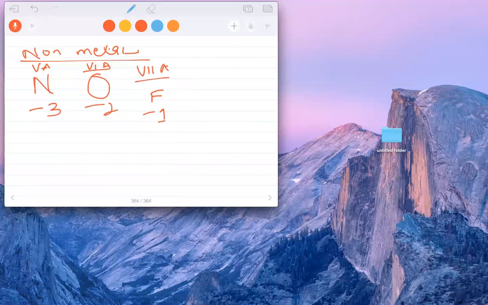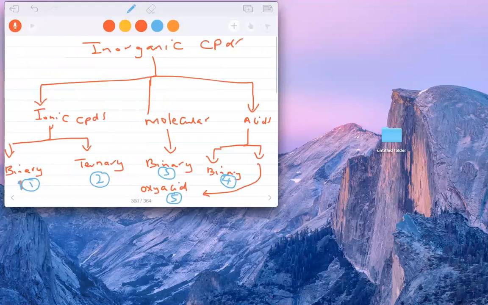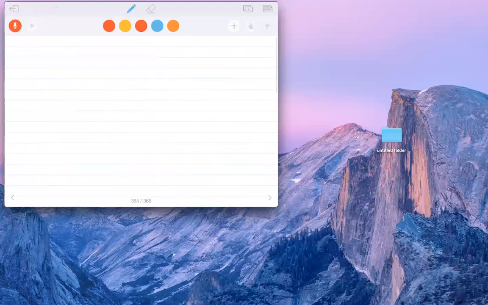Why am I bringing that up? So that with the ionic charges, you should be able to write this right here. Let's see now the first class of compound. How do I write, say, one here for binary ionic compounds?